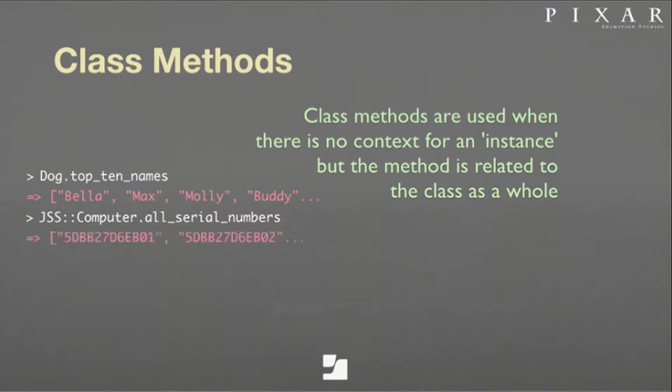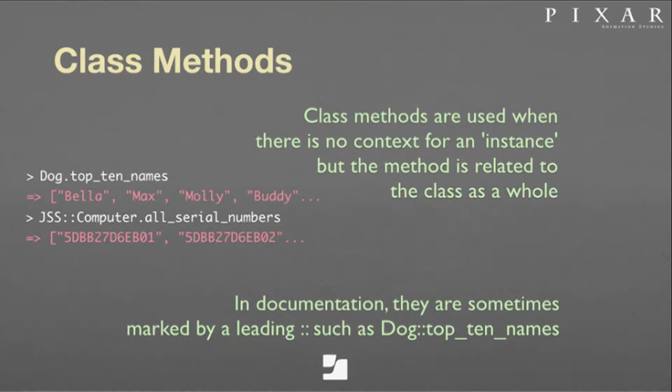Class methods are used when there is no context for an instance. So when we looked at the string, myString.length, myString is the instance that we're paying attention to and we're asking for the length of. Length only has meaning for a specific string. Sometimes you need to ask about the class as a whole.